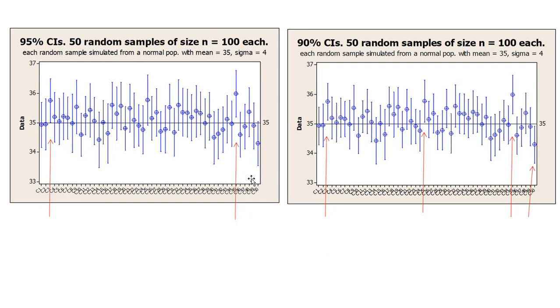Let's see what happens if we change the confidence level from 95 to 90. This image was created with the exact same 50 samples. The only thing that was changed was the confidence level from 95 to 90. So we discussed in class how that will actually make the confidence interval smaller or thinner.